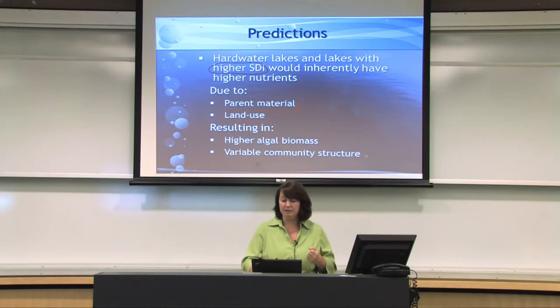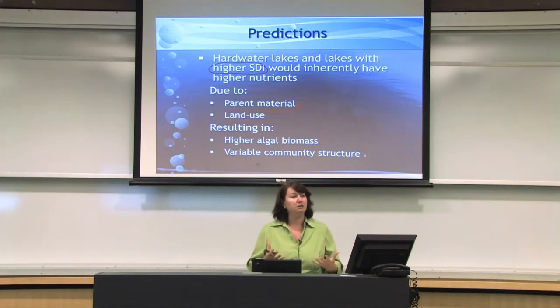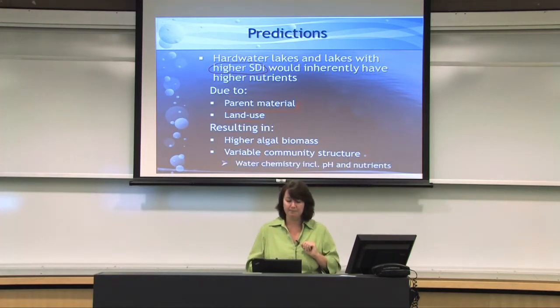It's difficult to predict the community structure, but you'd expect that if there were high nutrients in particular lakes, regardless of being hard water or soft water, they would have different community structures, because we know that algae can be sensitive to pH, and therefore in the more soft water lakes you'd expect different algae than in the hard water lakes.